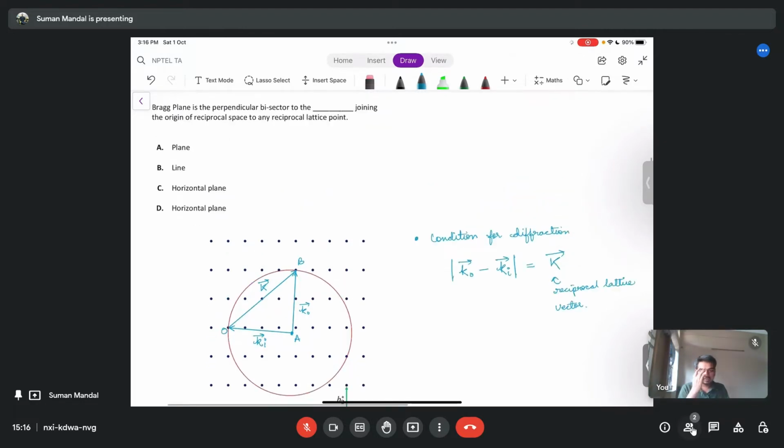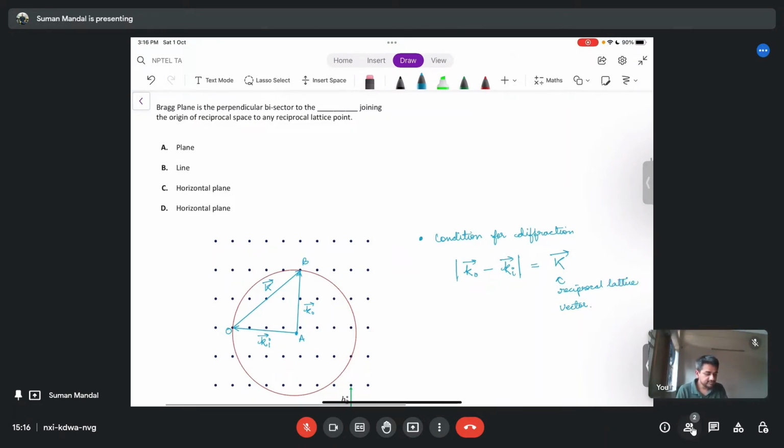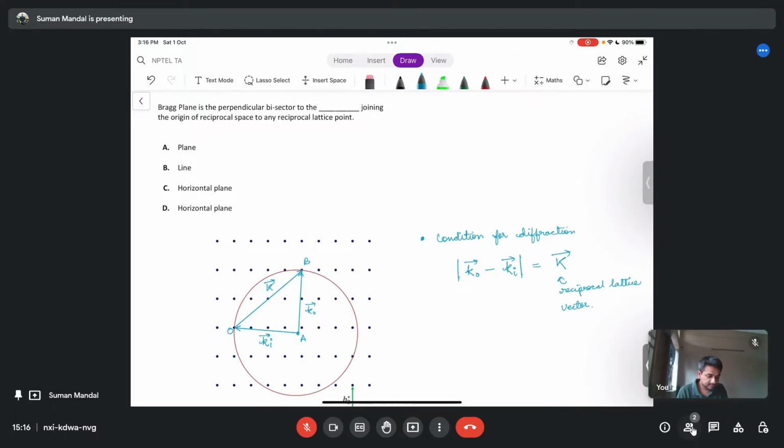Now the Bragg plane is defined as the line which bisects the reciprocal lattice vector.